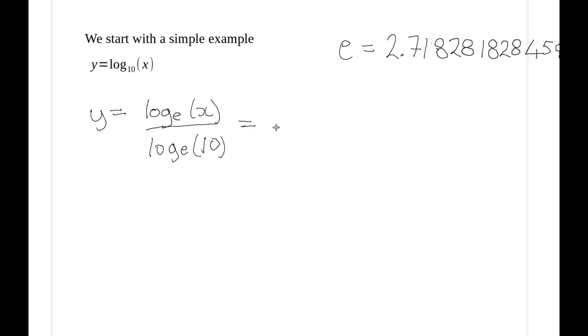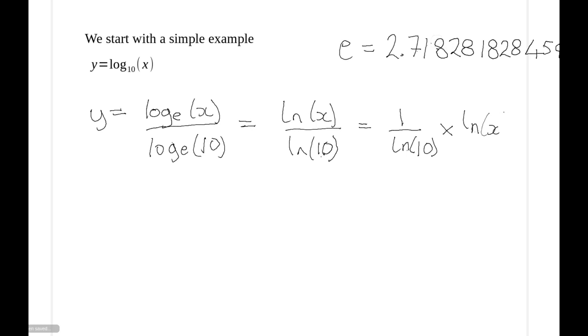Okay, and a more conventional way of writing it is like this, which can be written like this. Okay, so 1 over log 10 times log of x.